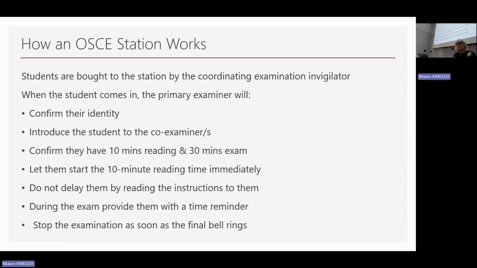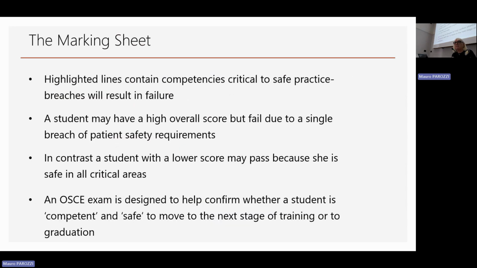And during the exam, provide them with a time reminder. So you can say, we're at the halfway point, we're at 15 minutes, and stop the examination as soon as the final bell rings. And some students, quite frankly, have run out of time. They might have the IV up, but they haven't done the drugs yet, or something is missing. They simply ran out of time.